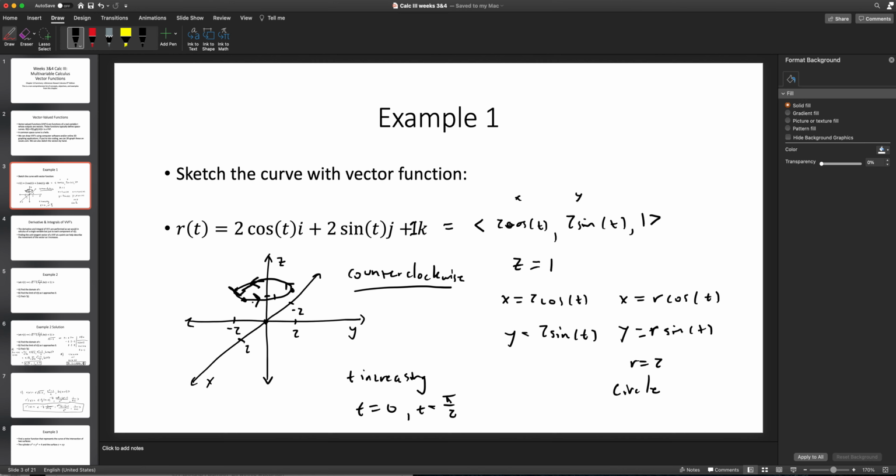So let's look at an example. With this example, we want to find the domain, find the limit of r of t as t approaches 0, then finally find the derivative. To find the domain, we just consider all 3 parts. In the first part, 2 minus t has to be greater than or equal to 0.